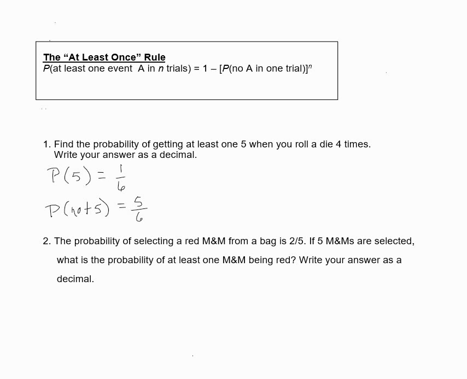My formula says I'm going to have 1 minus the probability that it's not going to happen, so 5/6, and I'm going to raise it to the power of n, where n is the number of trials. Well, in this case, my n is 4, because I'm doing this 4 times. So you raise that to the 4th power, and this is going to be approximately 0.5177.